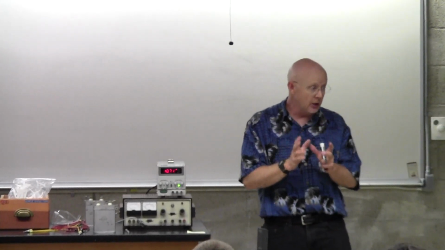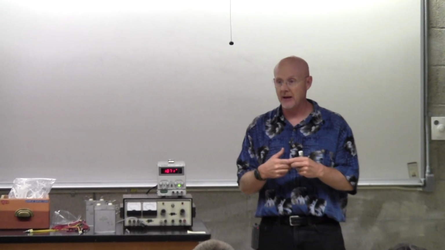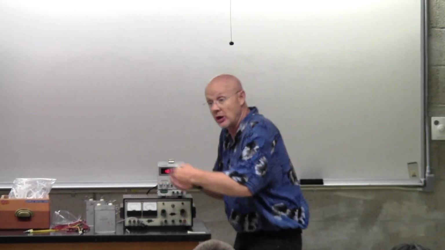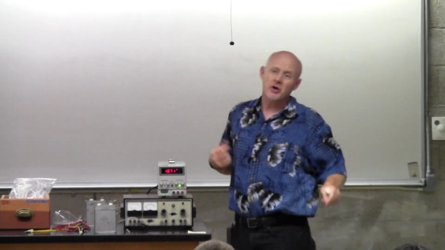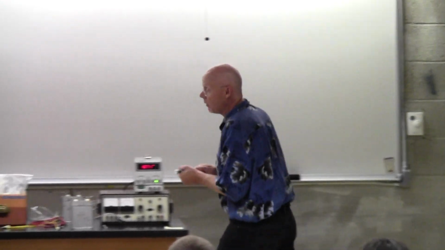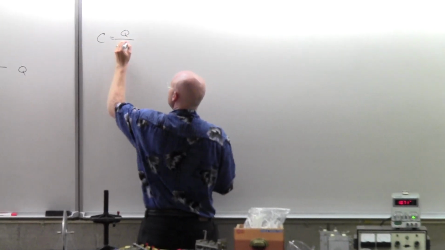But it might be a little bit nicer to talk about the energy on the capacitor based on the voltage. Because when I just hook this up, I know its voltage, but I'm not sure how much charge went on there. Of course, I could calculate that because they're mathematically connected. Let's put that together. I would remember that the capacitance is the charge divided by the voltage.